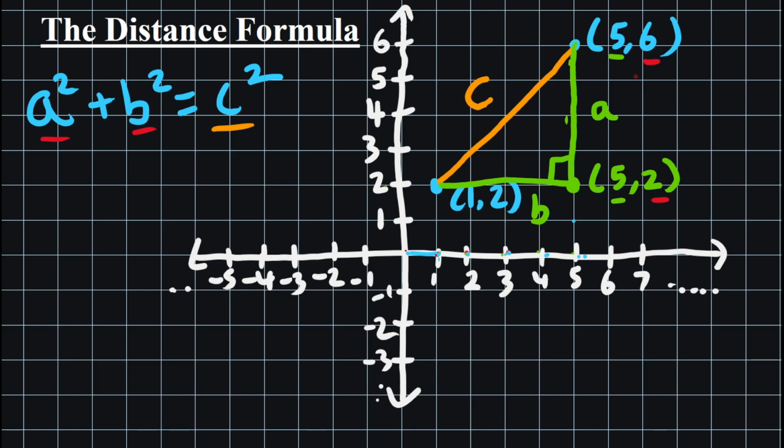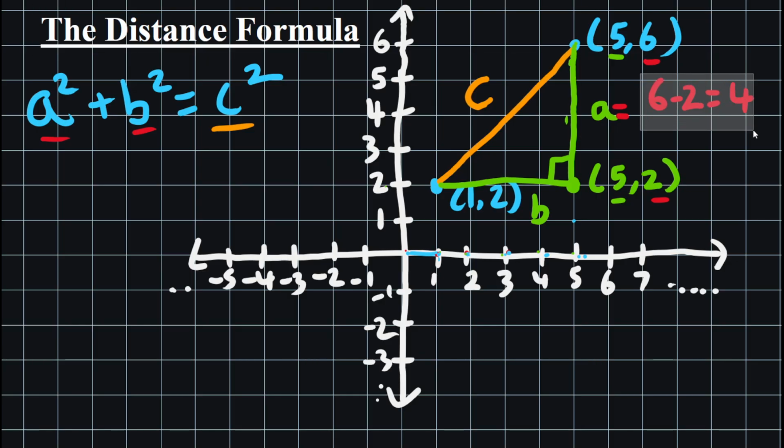So because they have the same x coordinates but different y coordinates, all we have to do is subtract their y coordinates. So 6 minus 2 equals 4. So the distance between 5, 6 and 5, 2 is 4. Therefore, this A, which is supposed to represent their distance, is simply 4.